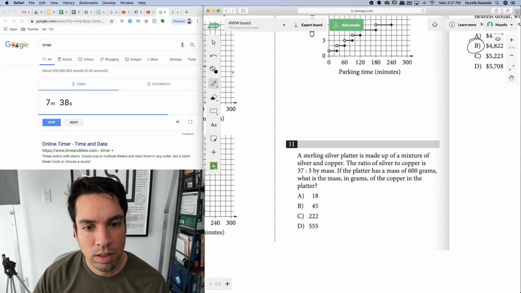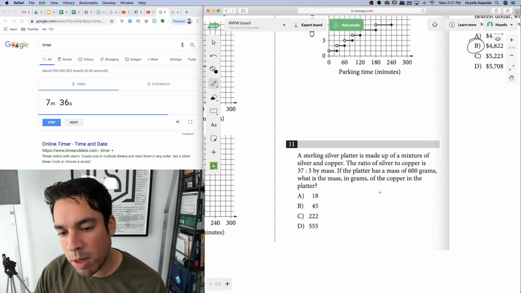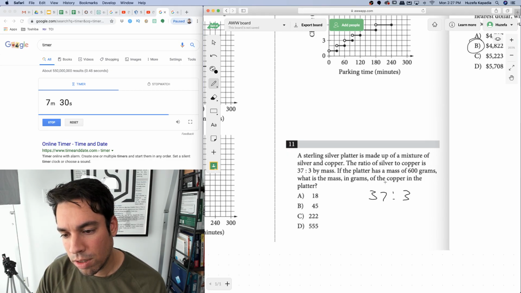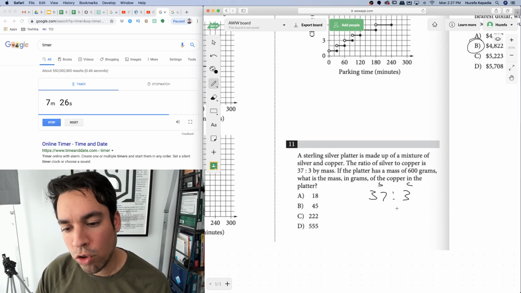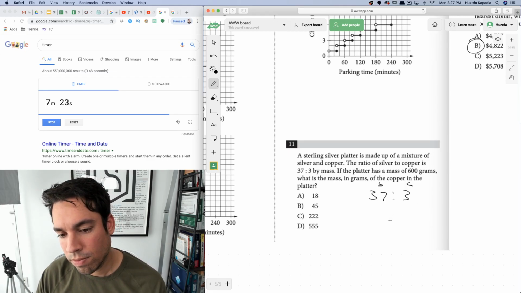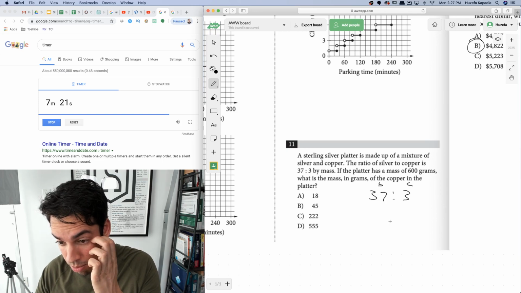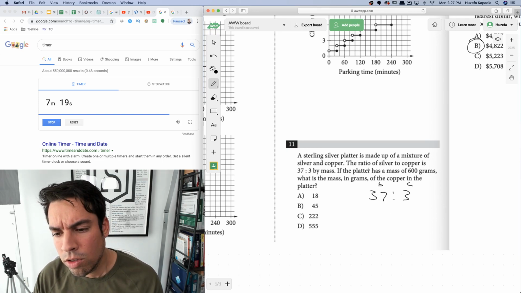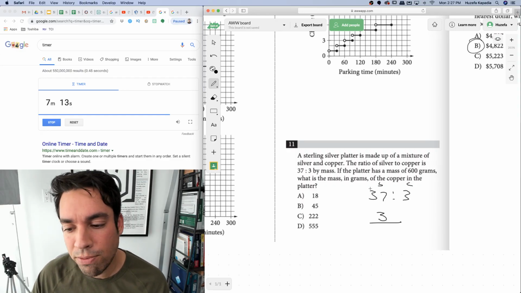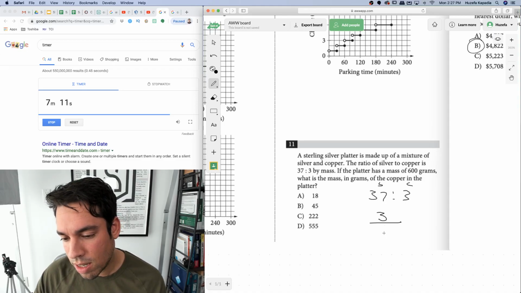Okay. Missed it. All right, a sterling silver platter is made up of a mixture of silver and copper. The ratio of silver to copper is 37 to 3. If the platter has a mass of 600 grams, what is the mass in grams of the copper? So the copper is 3 out of a total of 40, because it's 37 of that, 3 is that, so it's a total of 40.